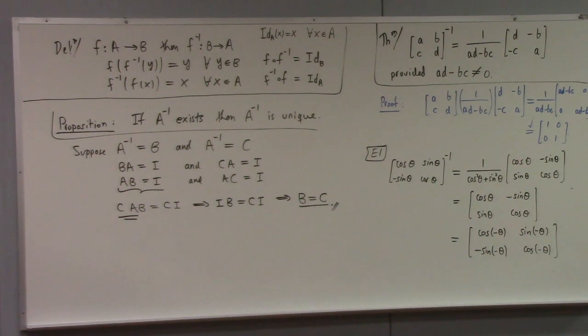How do you get rid of A? Multiply both sides on the right by A inverse. That gives you XI equals YI, therefore X equals Y. And AZ equal to AW, multiplied by A inverse on the left, gives you Z equals IW, which gives you Z equals W.